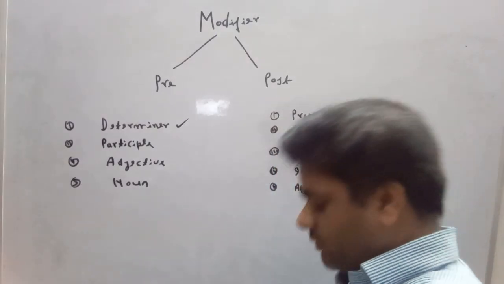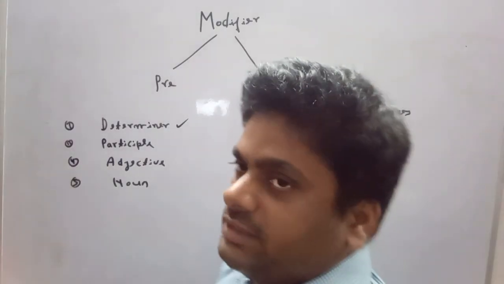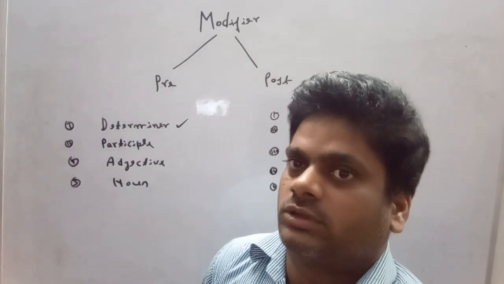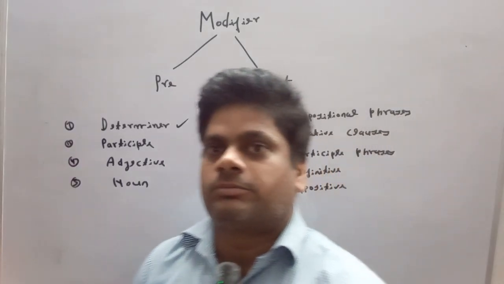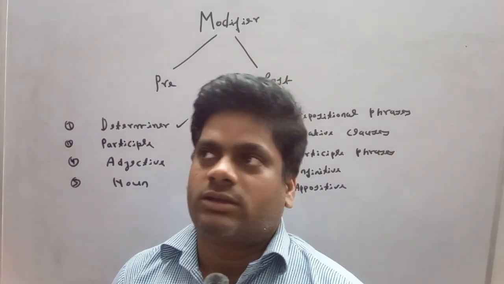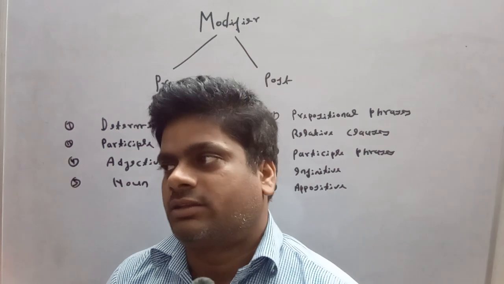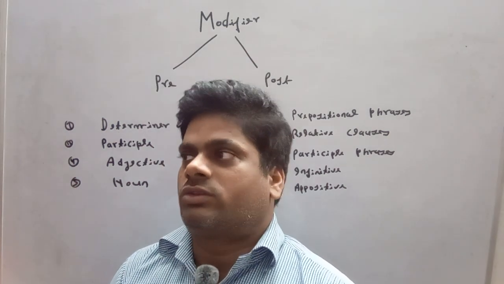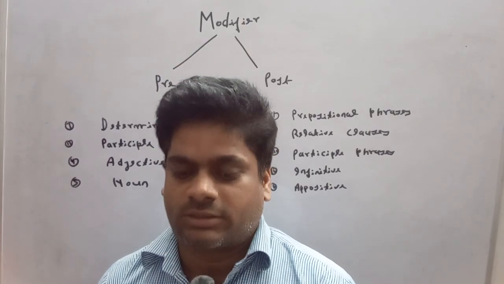first of all we would talk about determiners. In English language, articles and pronouns, possessive case of pronouns, work as determiners because they appear before a noun and they try to modify a noun, or they try to give extra information about the noun in a sentence.